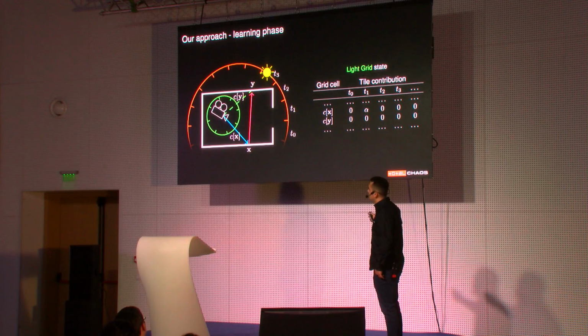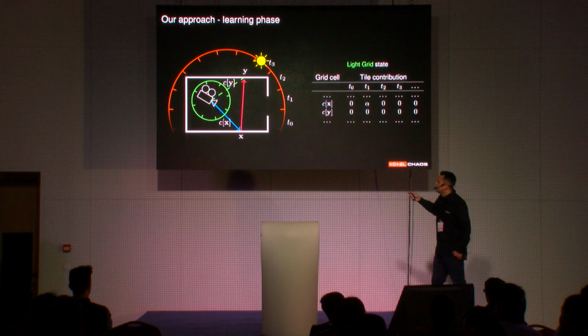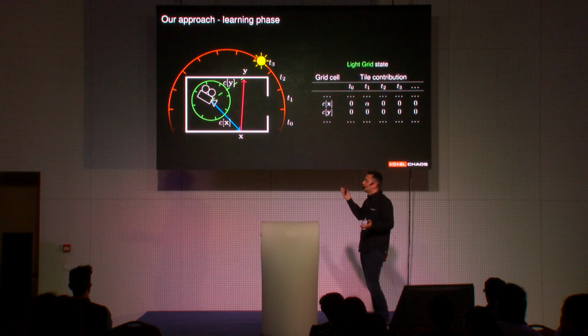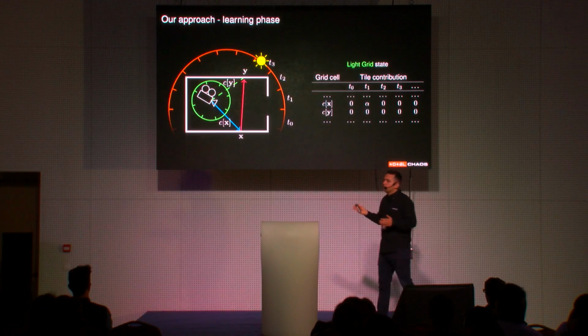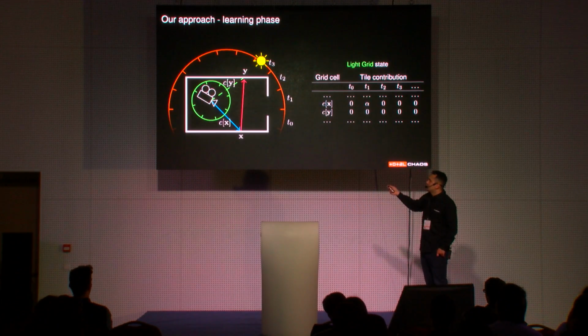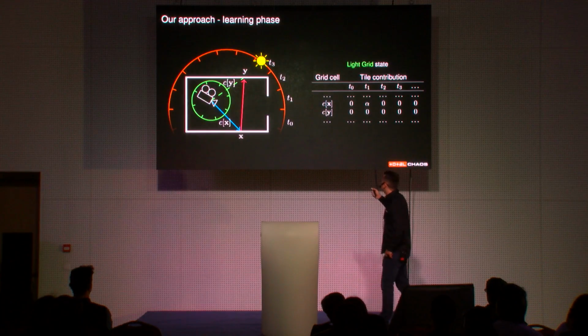Okay, then we continue to accumulate this information in the light grid. For instance, we shoot a GI ray, and this point Y is out of our camera field of view. But no matter, it has a specific grid cell to which it belongs.